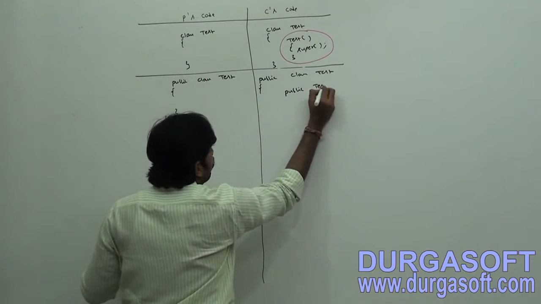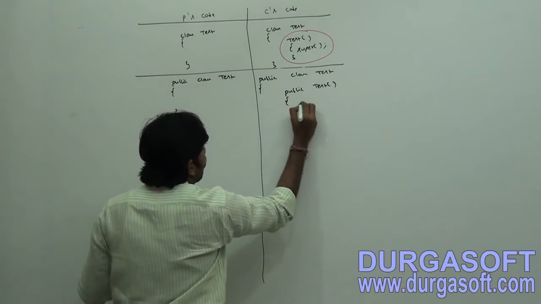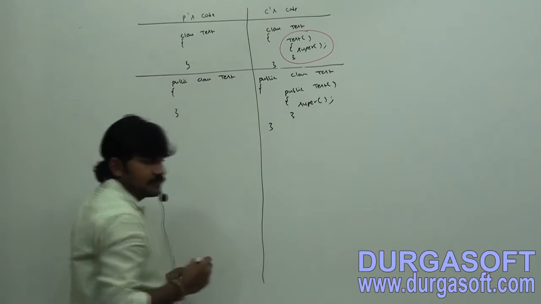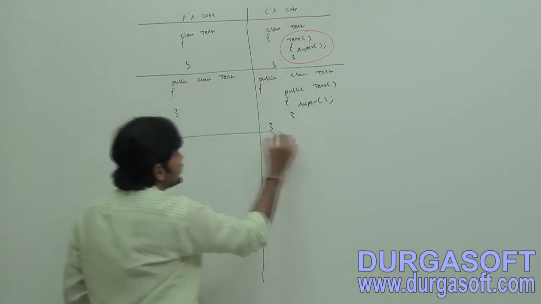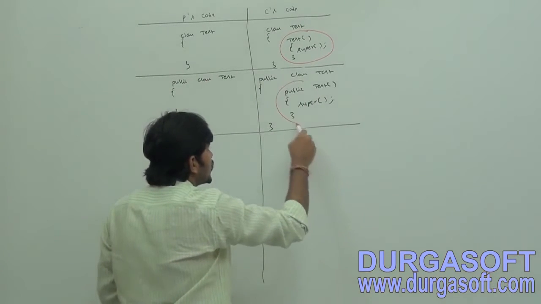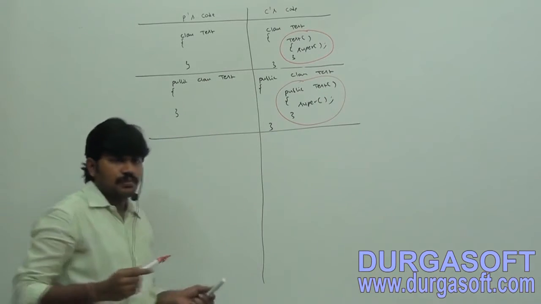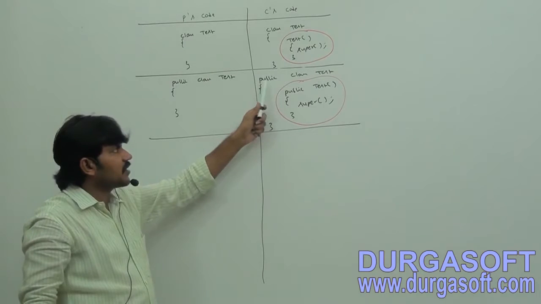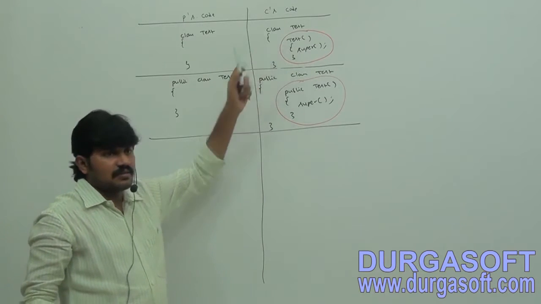Public test. It contains only one line. What is that line? Super, right? So this is compiler generated code. This one is compiler generated code, public test, because the access modifier of the default constructor is the same as the class, that's why.